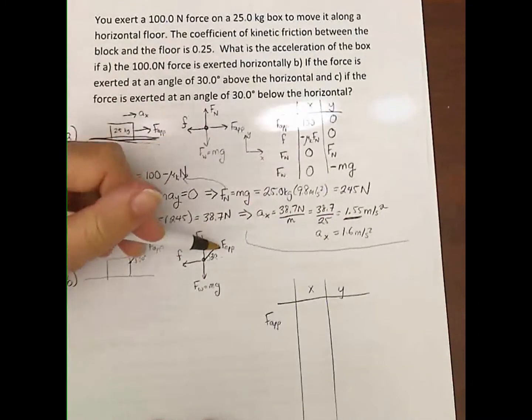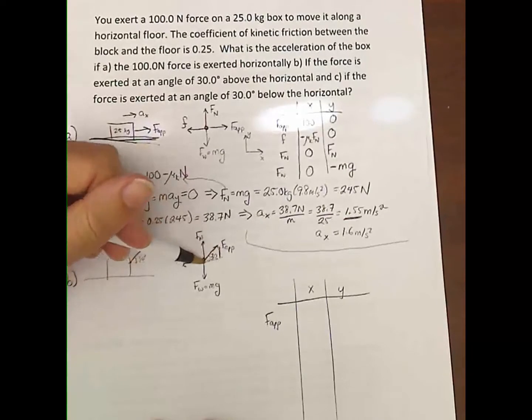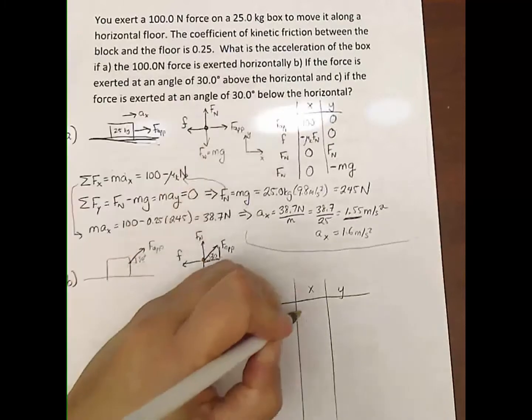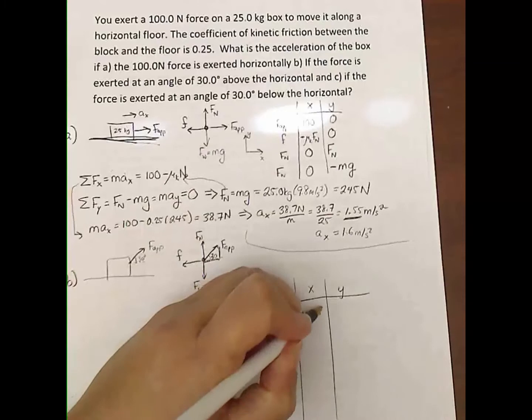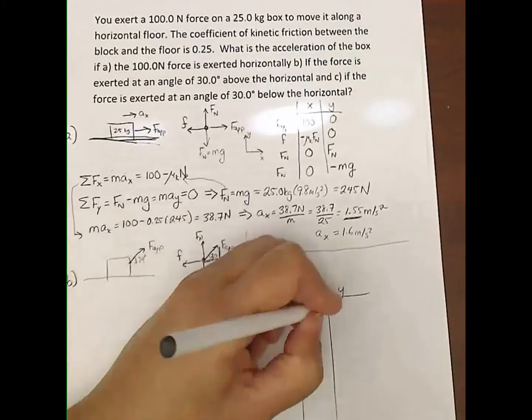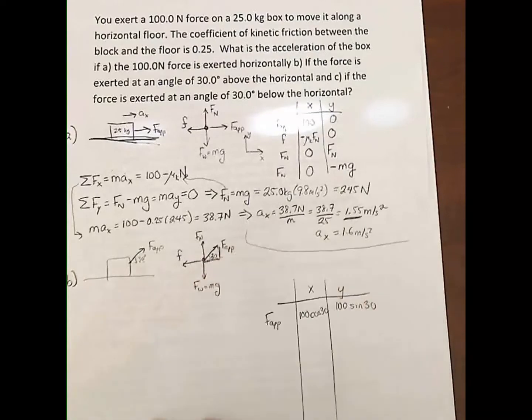So my applied force of 100 newtons is going to have part of its component vertically and part horizontally. The horizontal component is this side here. It's adjacent to the angle, so it's going to be 100, that's my applied force times cosine of 30. And the y component is going to be opposite, so it's 100 times sine of 30. So we can get a number there.